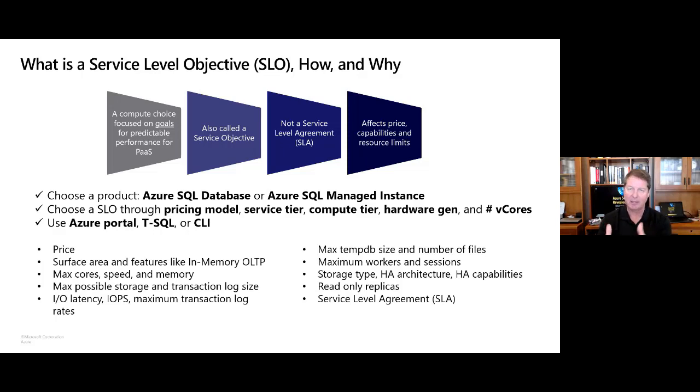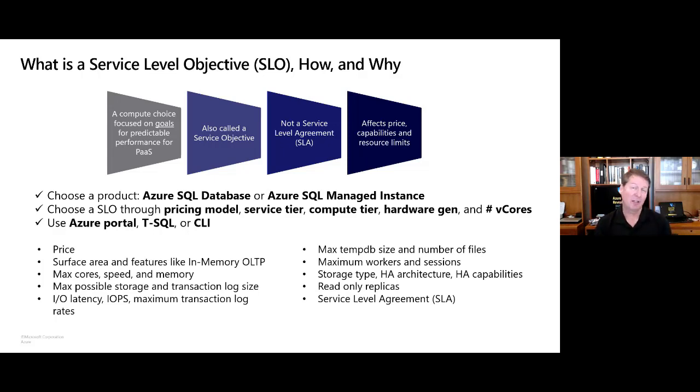But look at these things in the bottom right-hand corner over here. The storage type you have, the high availability architecture we deploy for you, the capabilities, the replicas, and again, even the service level agreement, even though an SLO is not that, it affects what options you get for these choices. So you can see now when you look at this bullet list, how this correlates to what we talked about in the first slide.